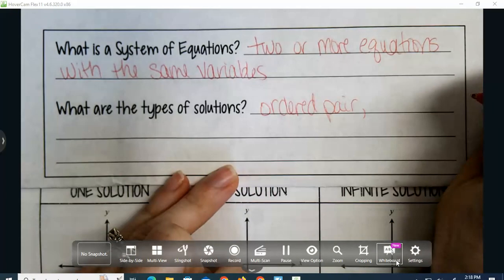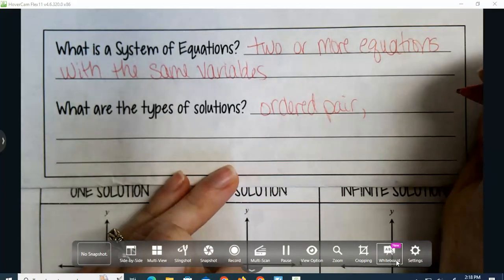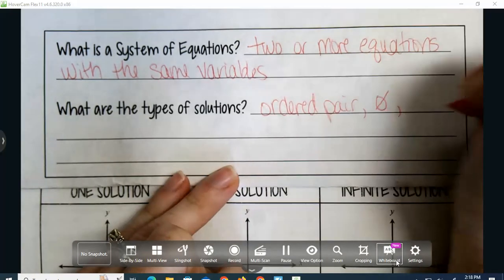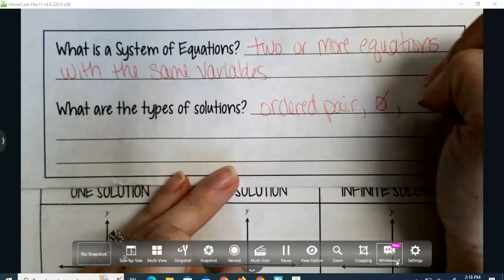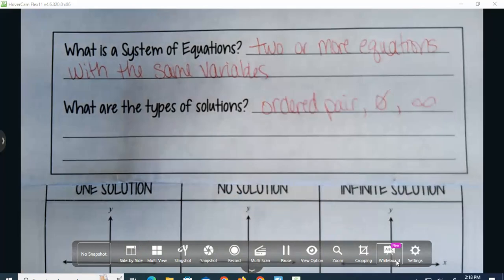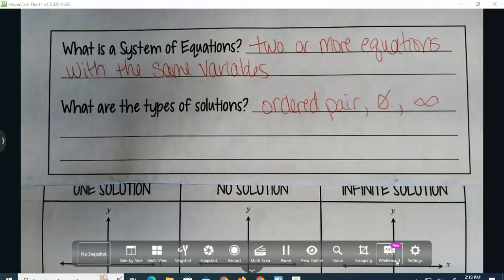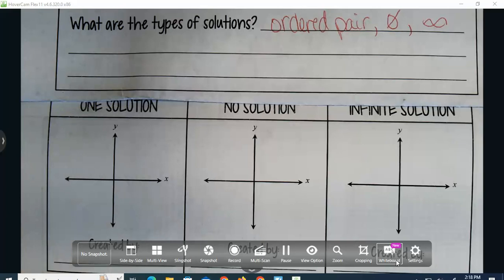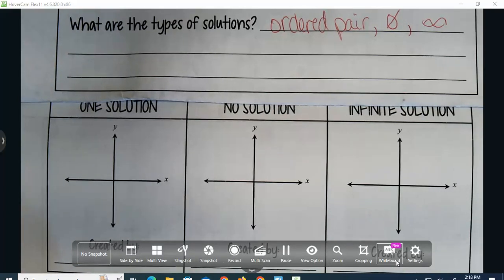But sometimes if we have parallel lines, do we get an answer? No solution. And sometimes we get infinite. So those are the three different types. So let's talk about that. So one solution, that's an ordered pair.